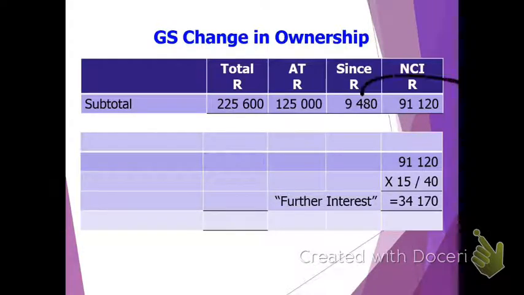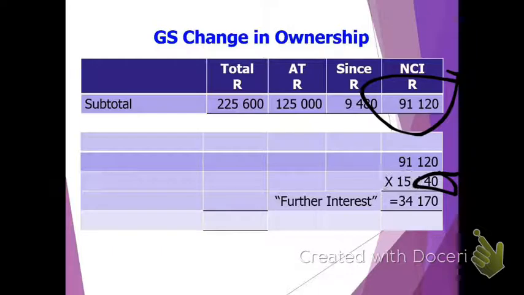This 91,000 represents the non-controlling interest at the date of acquisition of the further interest. Now we are going to purchase 15% from the non-controlling interest. So they held 40%, that one there, and we are now purchasing 15% of that 40%.